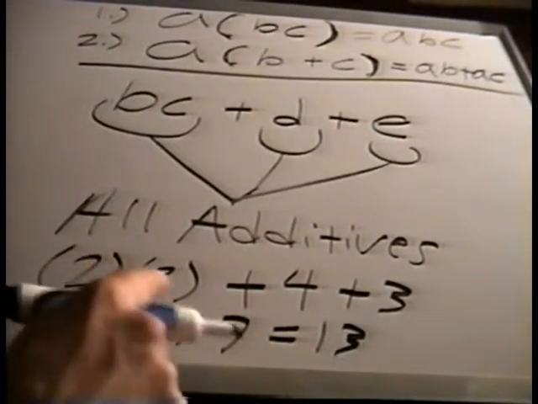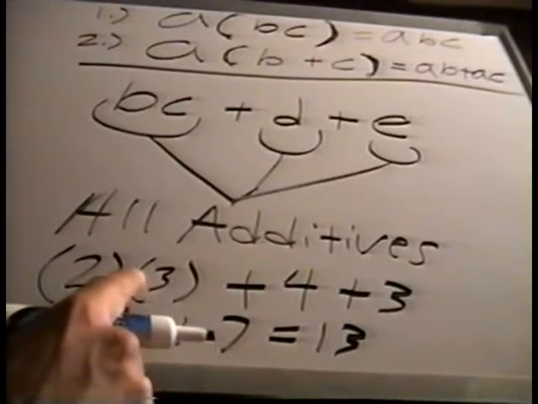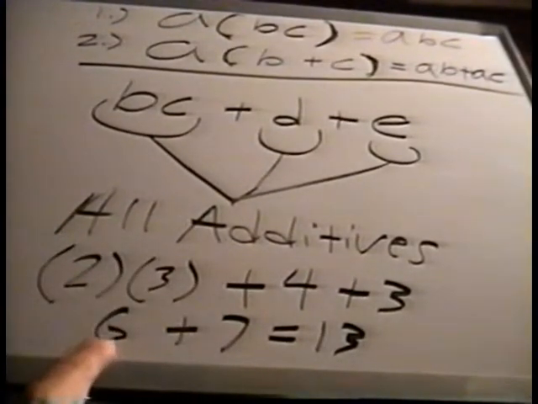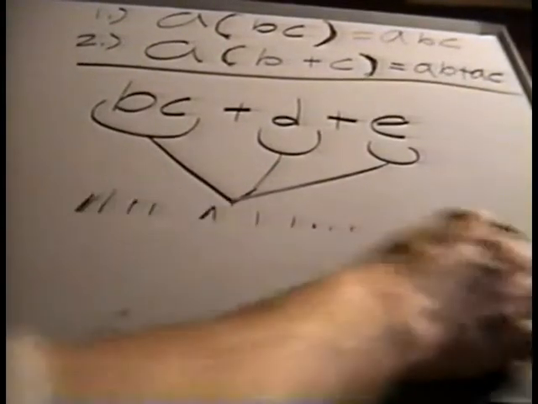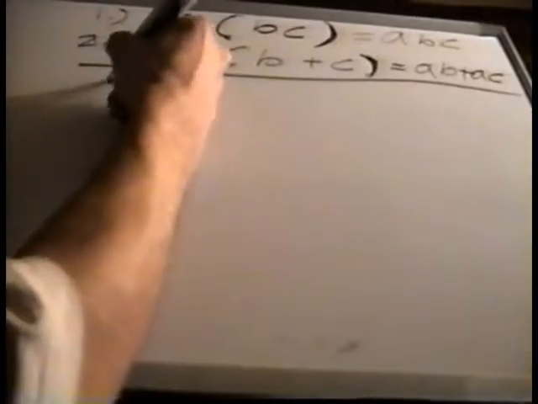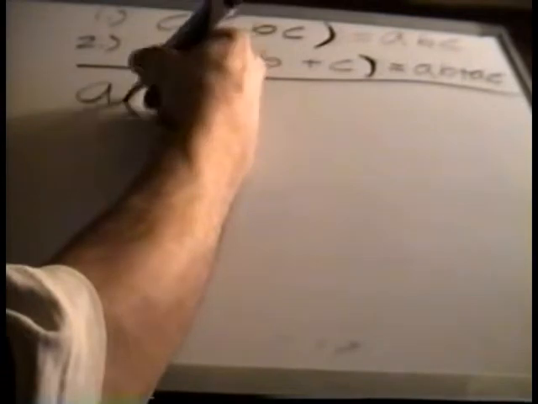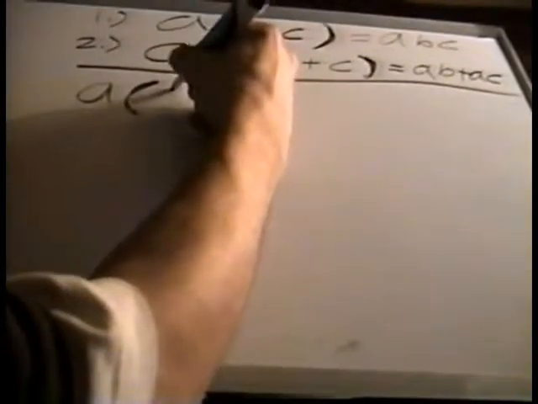Now going with your notes for this form, you can write it next to the notes there. Anytime you see a term or statement in this form, you say A is multiplied by each additive in the addition.